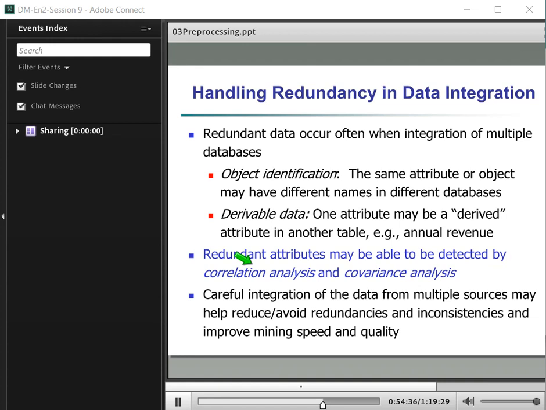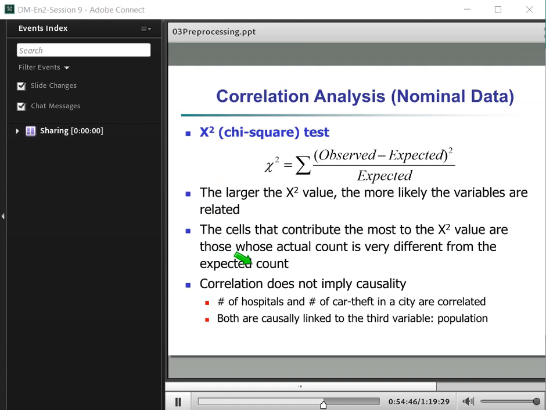The technique can be applied faster than before because we decrease the amount of data. Okay. So it's a very important question for me: how can we find redundant attributes?